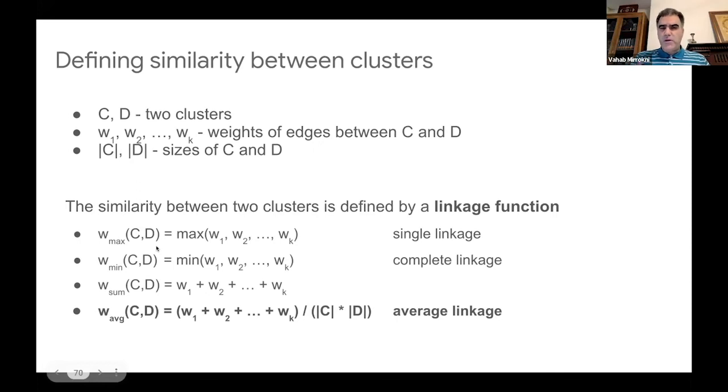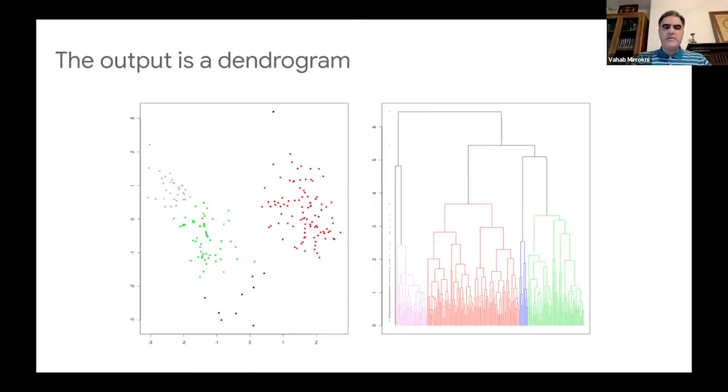The most popular and most effective way of doing this type of hierarchical hack algorithm is what we call average linkage. Average linkage hack is where the similarity between two clusters is the average of the similarity scores between the nodes. This way of looking at the hierarchical clustering problem gives us the dendrogram of the clusters.